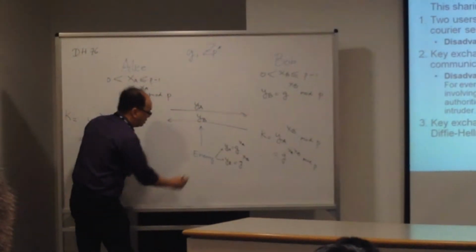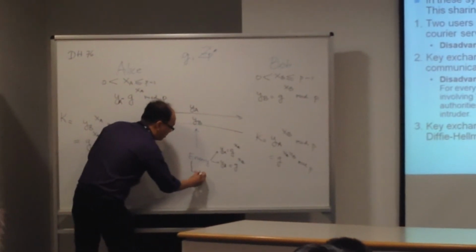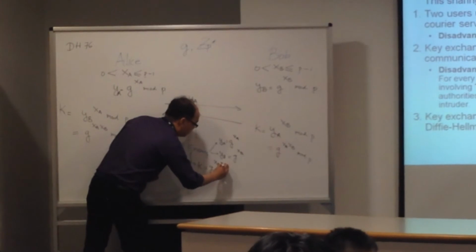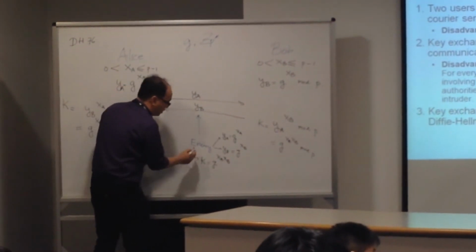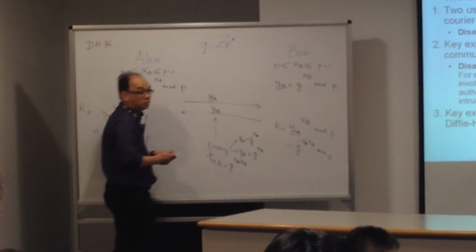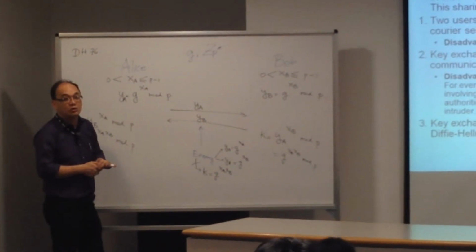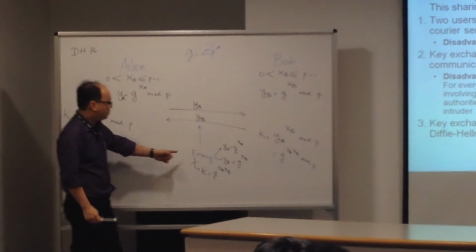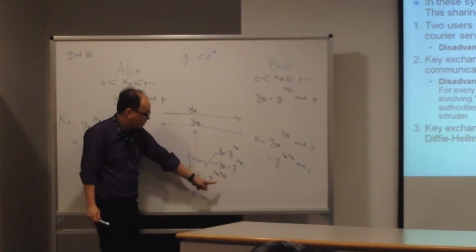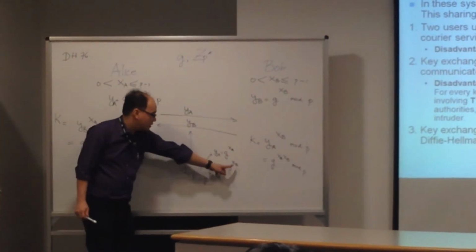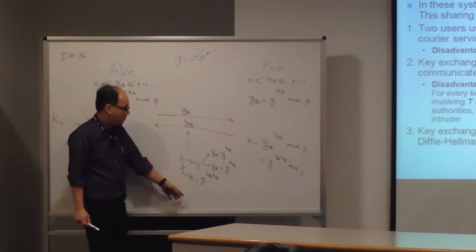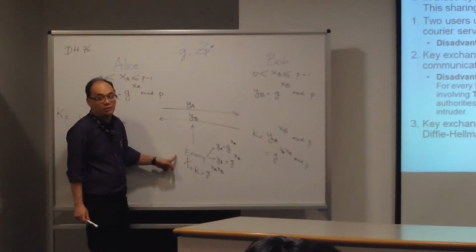The question now is, the enemy needs to come up with key K, which is equal to g to the xAxB. Finding K by knowing these two is not possible without solving the discrete logarithm problem. Because if the enemy can solve the discrete logarithm problem, then the enemy can find xA, then the enemy can compute g to the xB to the power of xA. But without solving the discrete logarithm problem, this problem is very difficult for the enemy.